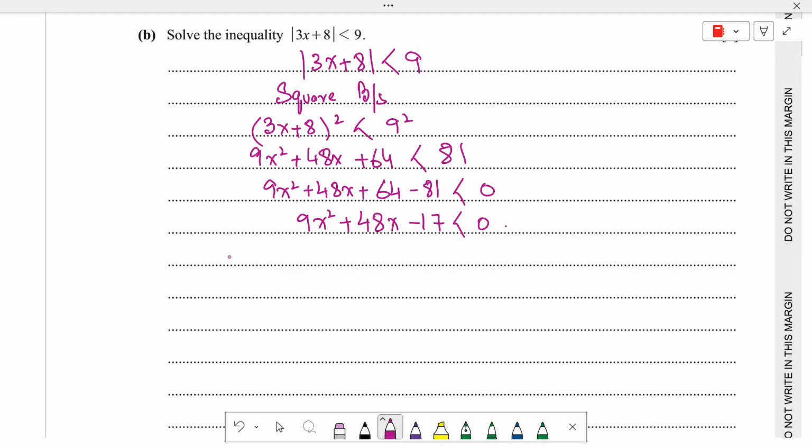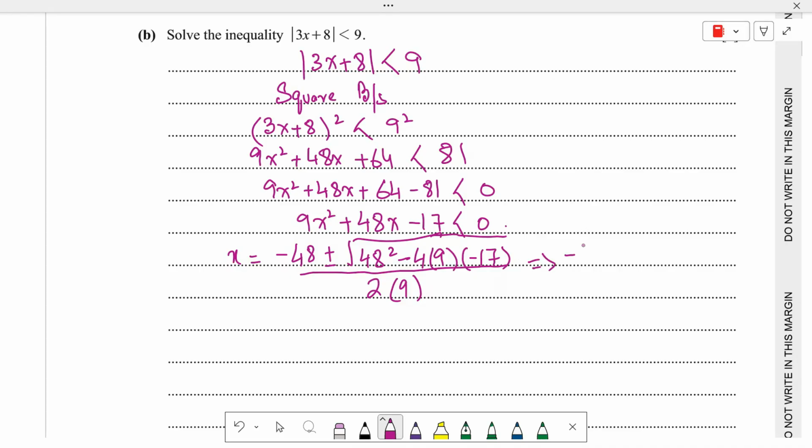So we have x equals negative b, which is 48, plus minus under root 48 square minus 4a, which is 9, and c, which is negative 17, over 2 times a, which is 9.